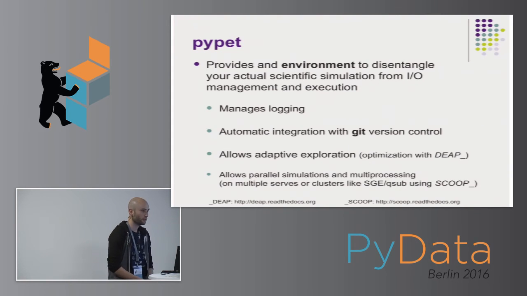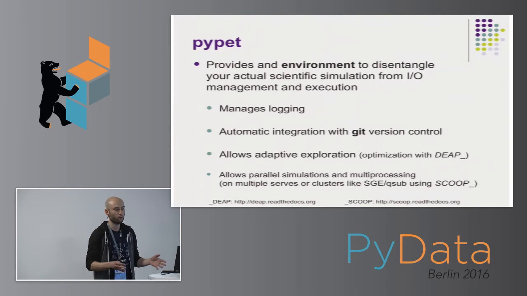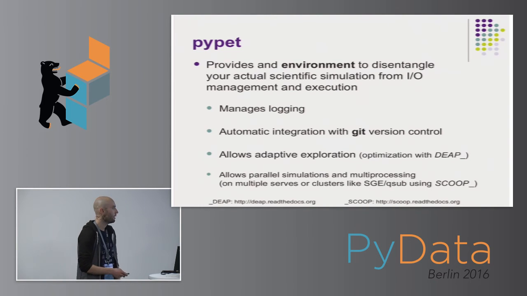It also natively supports multiprocessing, because you run a couple of independent simulations in parallel, so it's clear that this is super easy to parallelize. Natively, it supports multiprocessing on a single machine, but if you combine it with the cool SCOOP library, you can also use it on a cluster like a Sun Grid Engine, for instance.